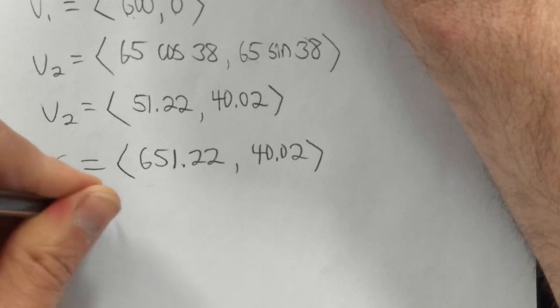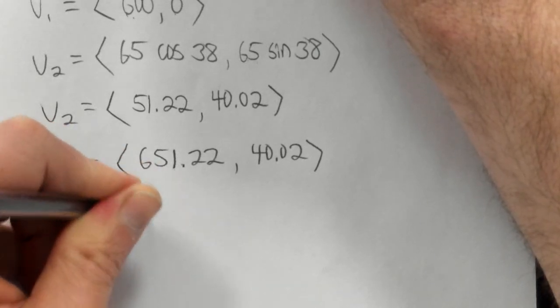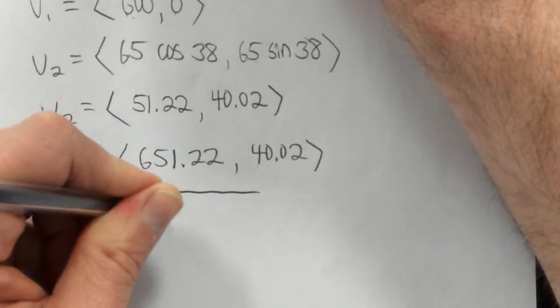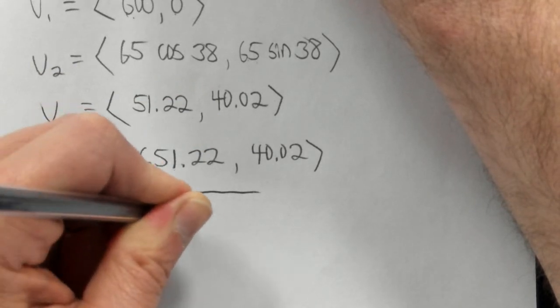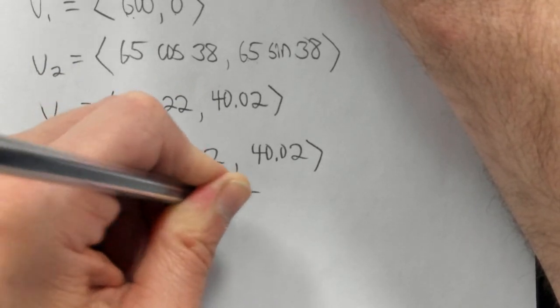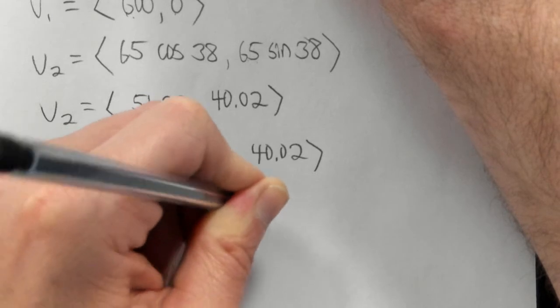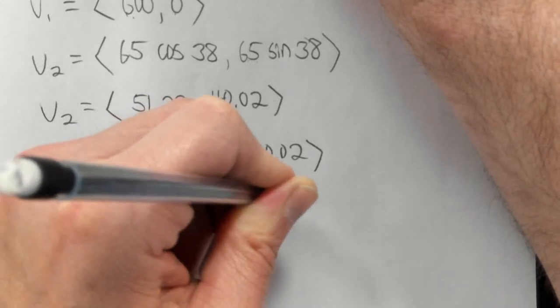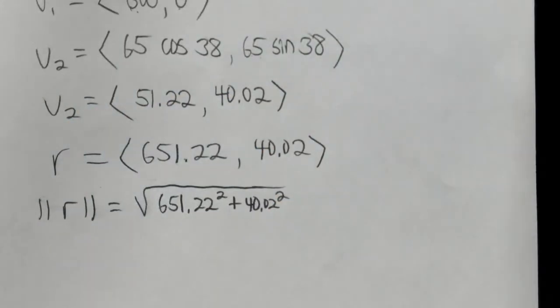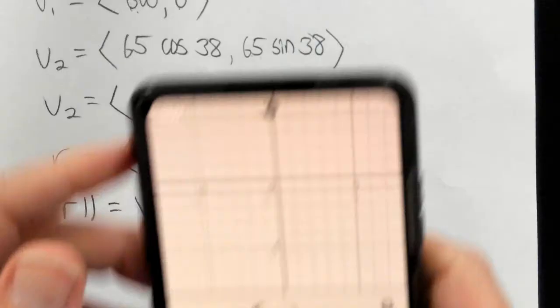Magnitude of the resultant vector can be found by taking the square root of 651.22 squared plus 40.02 squared. So let's see what that turns out to be here.